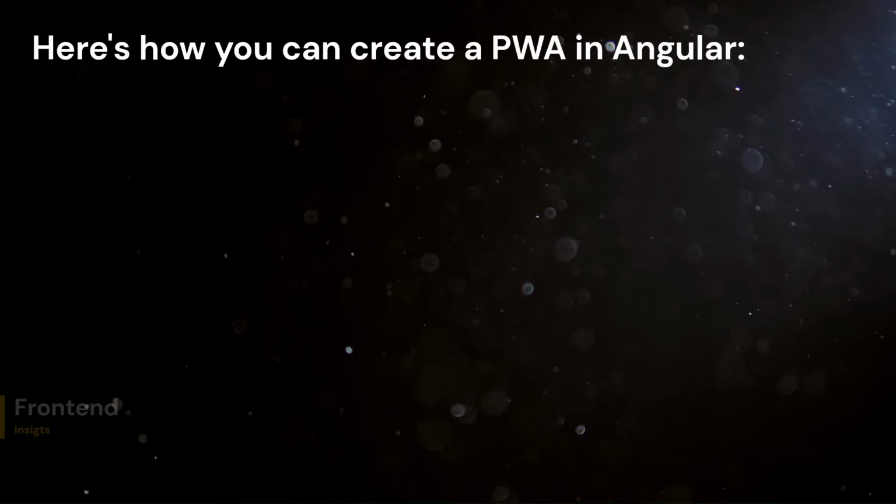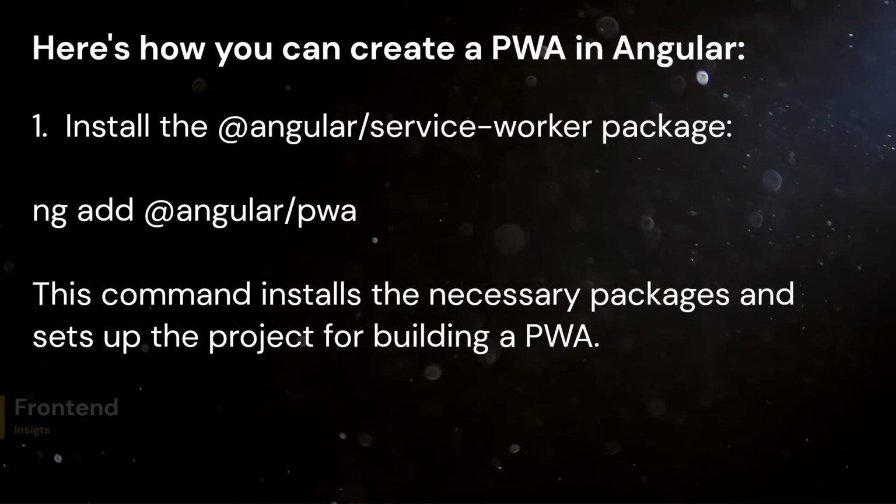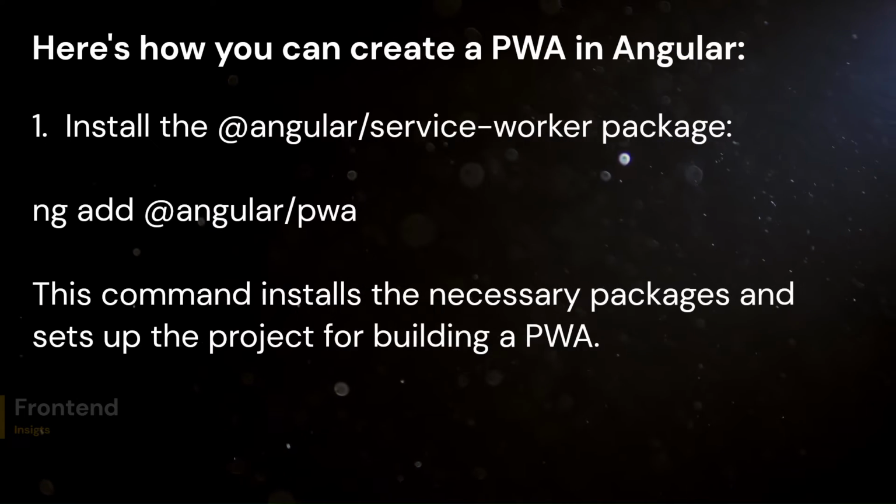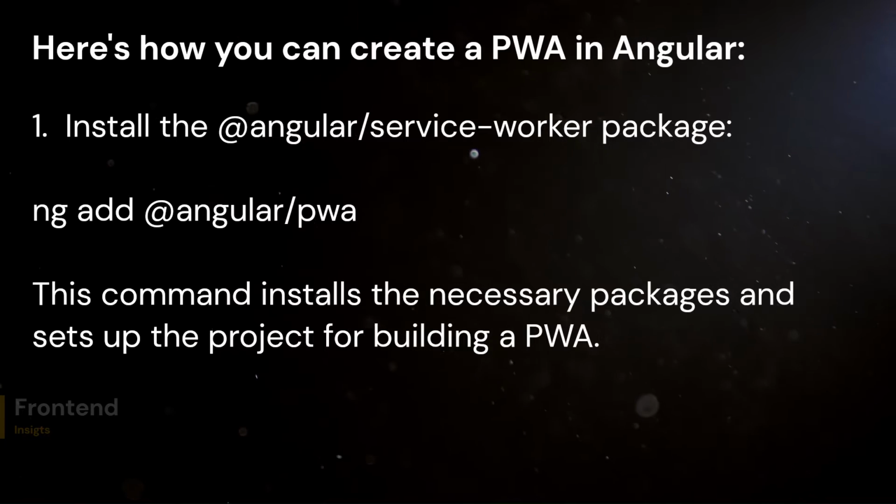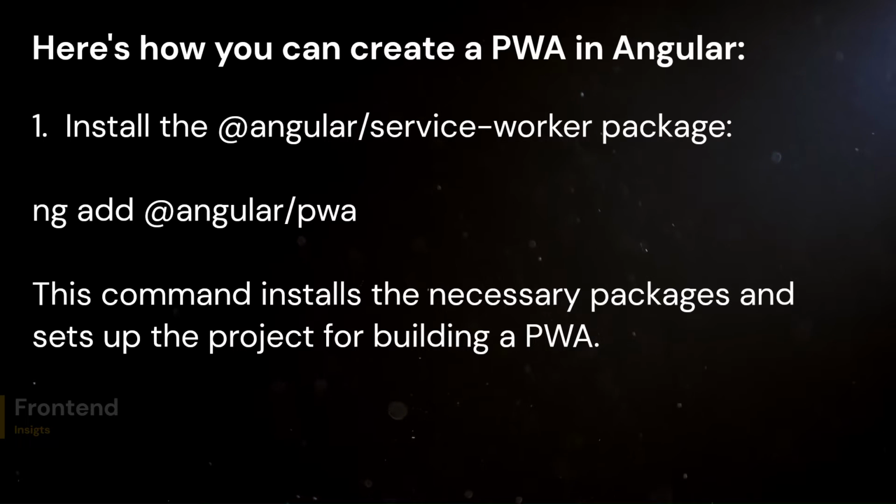Here is how you can create a PWA in Angular. First, install the @angular/pwa package. This command installs the necessary packages and sets up the project for building a PWA.